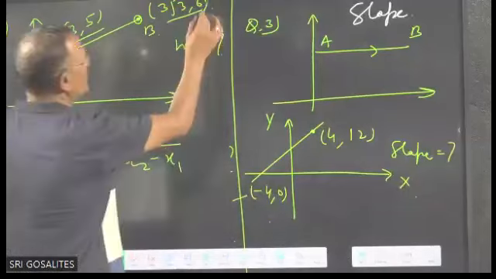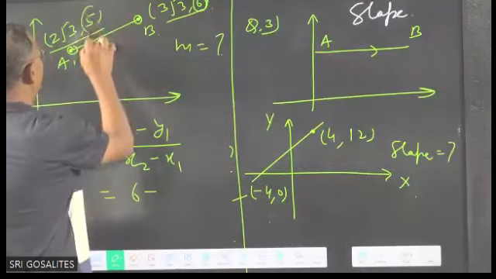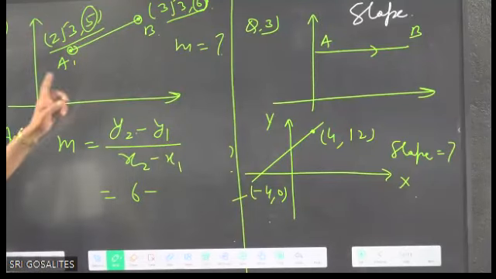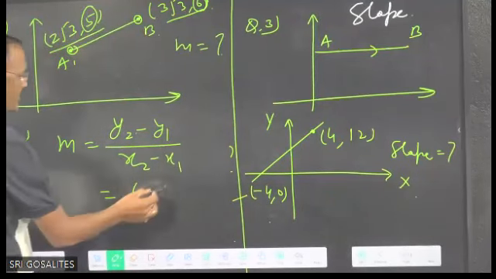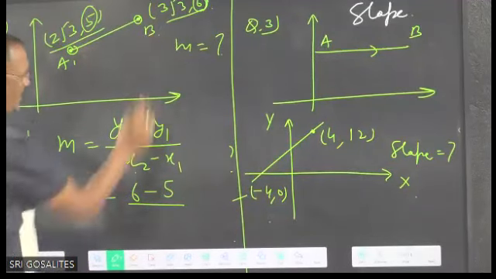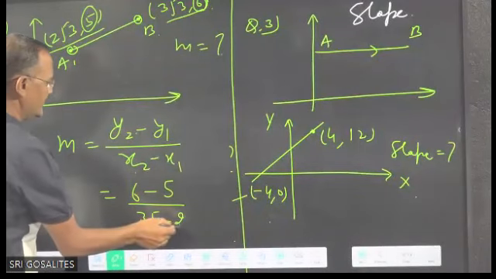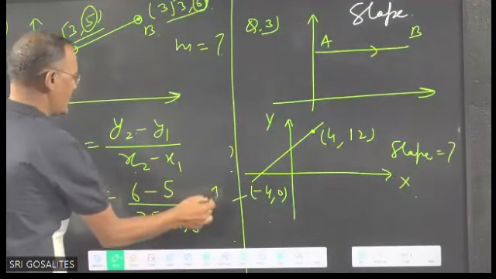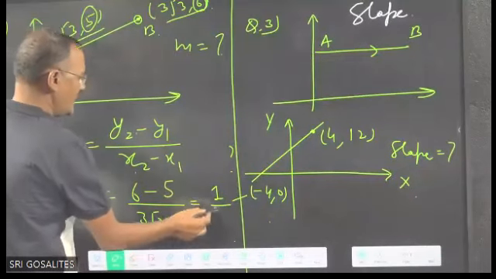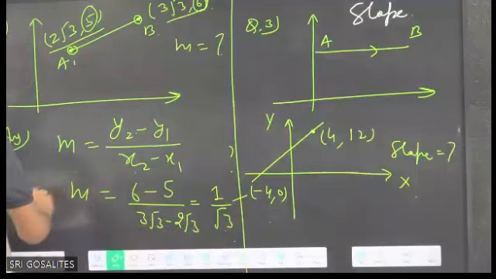What is the y2? 6. What is the y1? First y coordinate is 5. What is the x1? How much? 3√3 minus 2√3 is 1. So the slope is coming out 1 by √3.